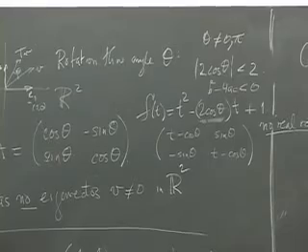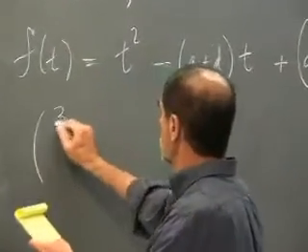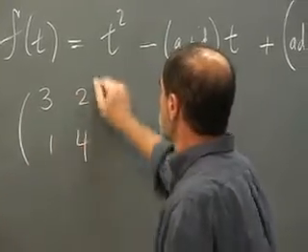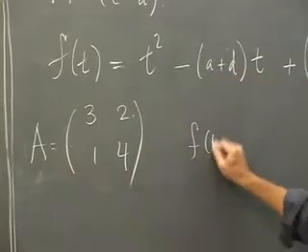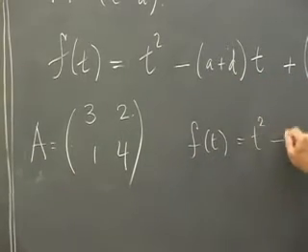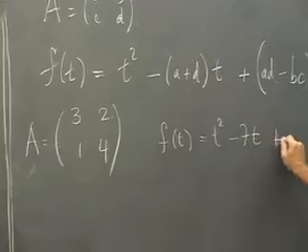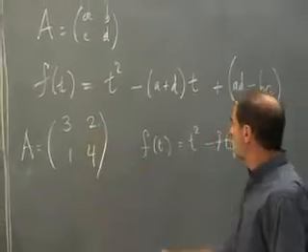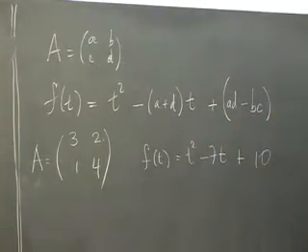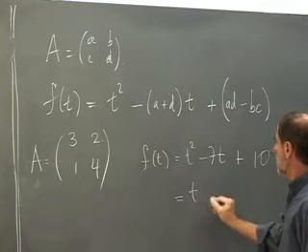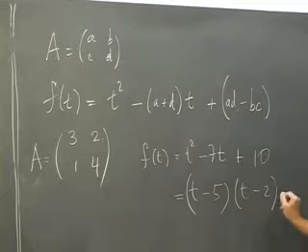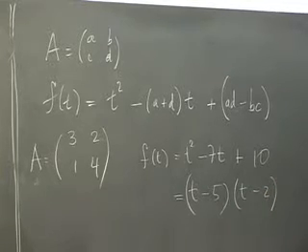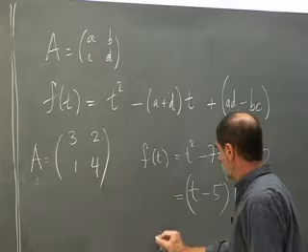For example, if I gave you this matrix and asked you what its eigenvalues are, you would say, well, f of t is t squared minus 7t plus, so we have to do the determinant, 12 minus 2, 10. Can I factor that? It looks like t minus 5 times t minus 2. So 5 and 2 are eigenvalues.